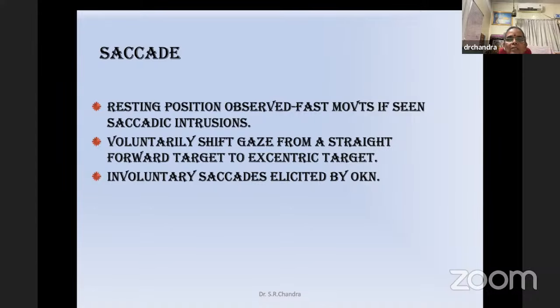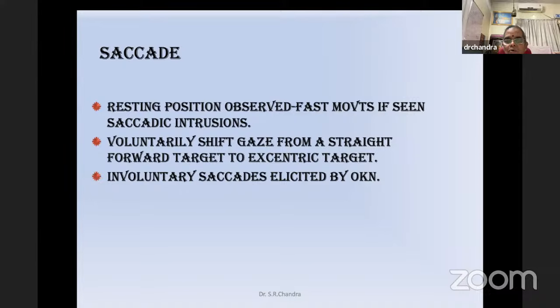And voluntary shift of gaze from a straightforward target to an eccentric target. So I give two targets, a straightforward target and an eccentric target, and the patient voluntarily moves. Then look for hypometric, hypermetric, or slow initiation or low velocity saccades during this movement. And involuntary saccade is elicited by the optokinetic tape.